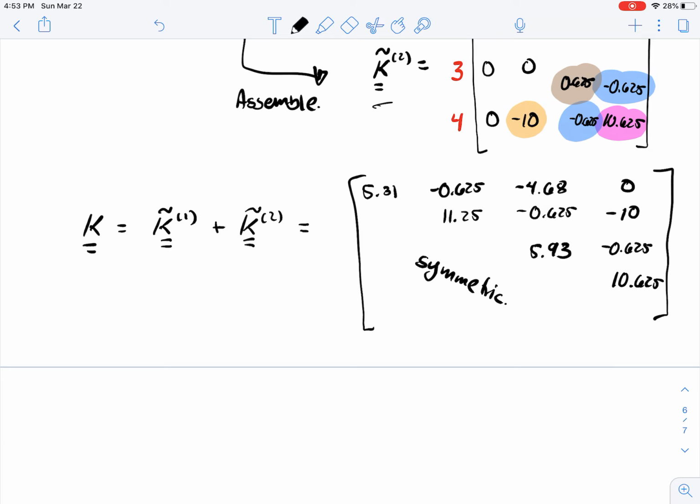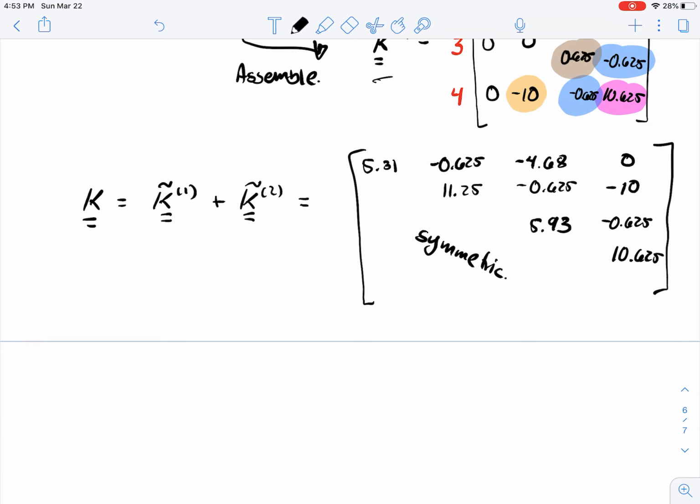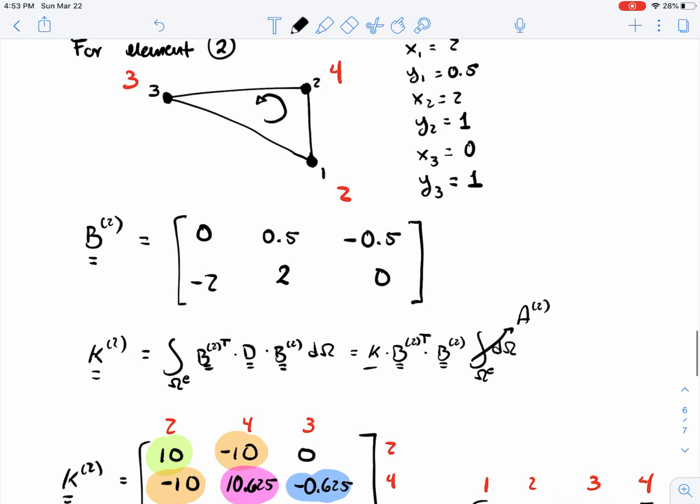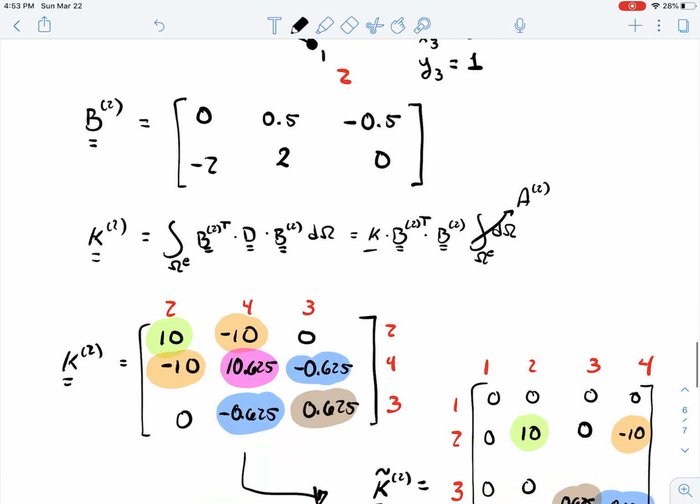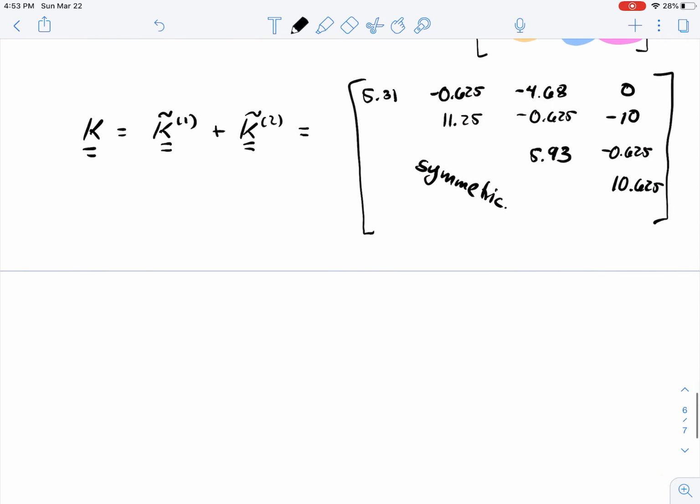Now, what about the force vectors? Let me see, what number am I using here? So force vector due to source term. And again, we need to do this for every element.